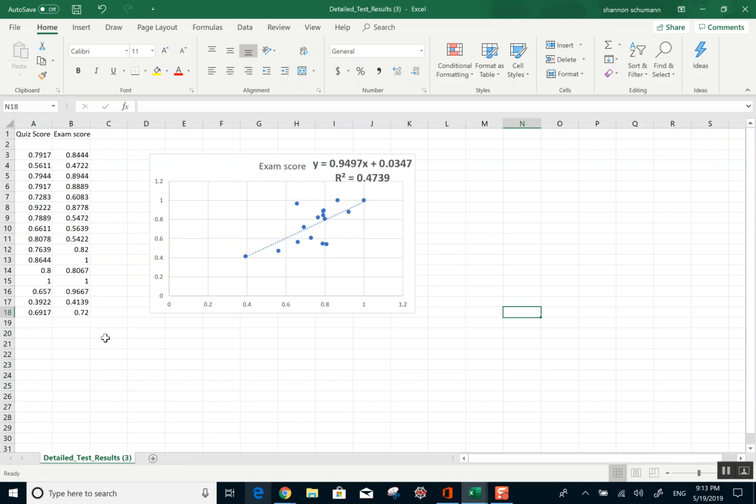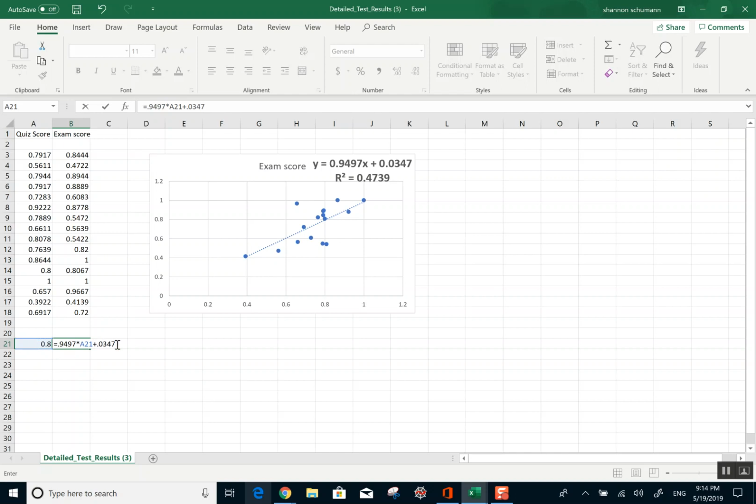Okay? So for example, if somebody scored an 80 on the quiz, I'm going to come in here and put an 80 or a 0.8. And in the next column, I'm going to type that formula in. Every formula in Excel begins with an equal sign. So I'm going to start with equals, and then type 0.9497 times, I'm using the asterisk for times, the quiz score, that's the X value, plus 0.0347.